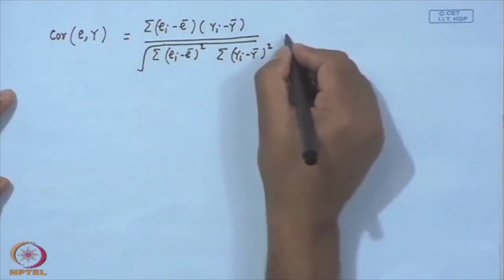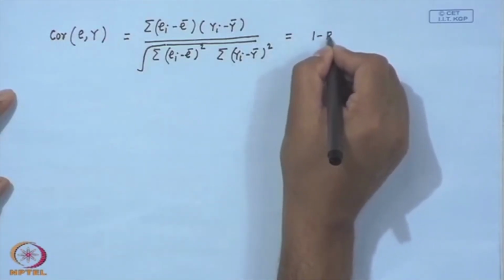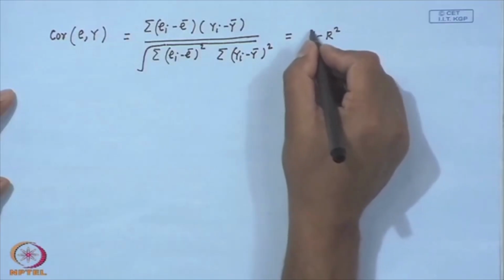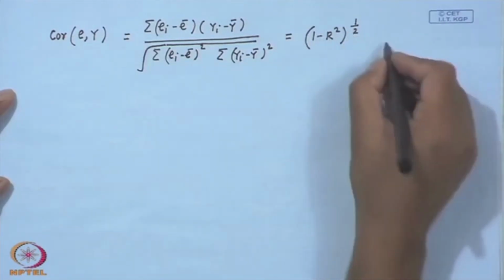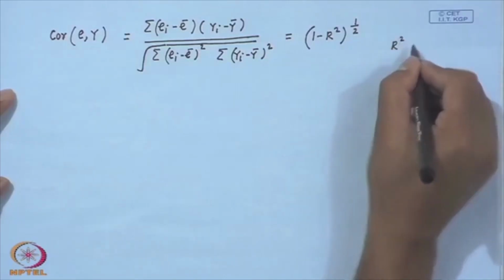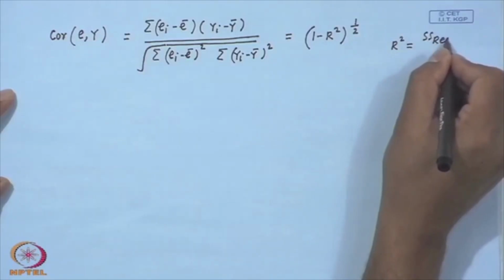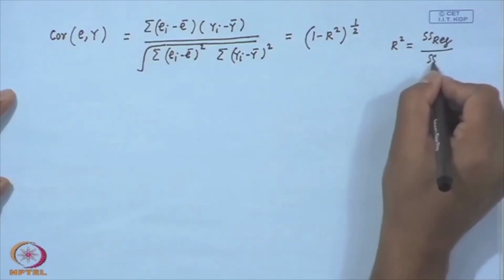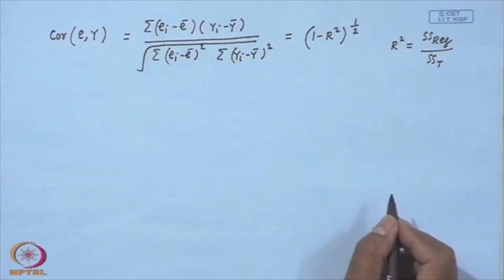So, we have to prove that this is equal to square root of 1 minus r square, okay, where r square is SS regression by SS total. Okay. Not so easy.